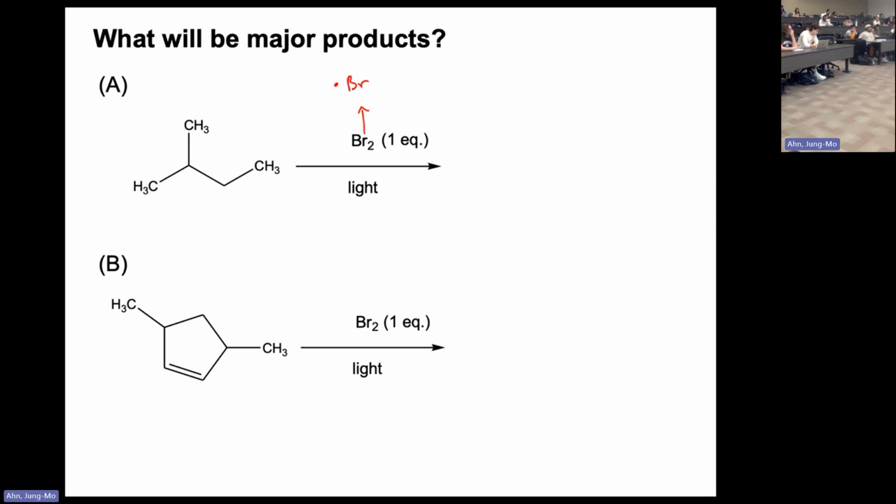There are many hydrogens, so we have to talk about them one by one. So let's talk about the first cases here. This hydrogen is a primary hydrogen, because that carbon has just one carbon substituent.